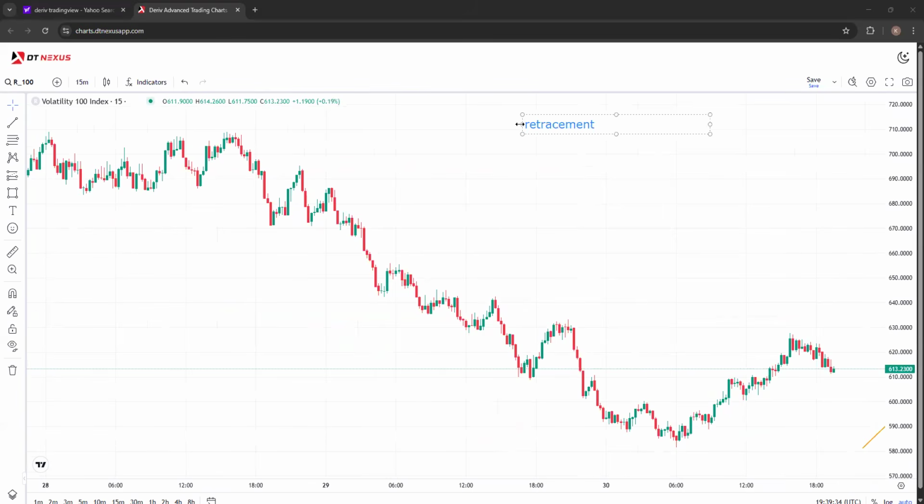Meaning that it measures when a retracement is most likely going to take place, to end and reverse, or continue with the trend, right?